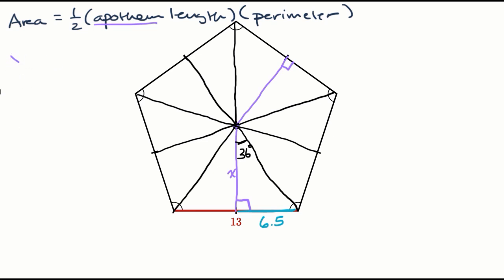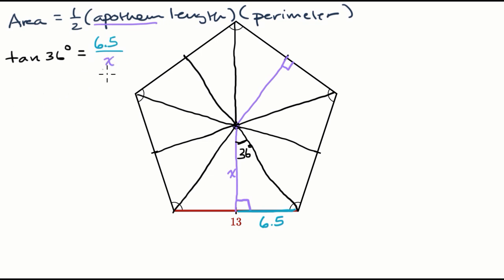If I'm dealing with the opposite and the adjacent side to the angle, that sounds like tangent could be useful. Tangent is opposite over adjacent. So I could say that the tangent of 36 degrees is going to be equal to 6.5, the length of the opposite side, over x, the apothem length.